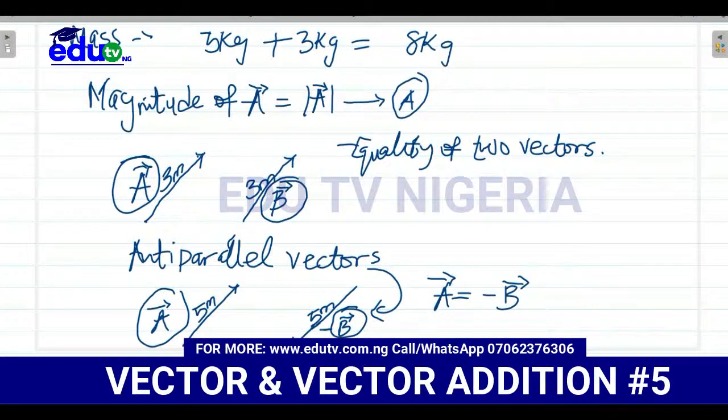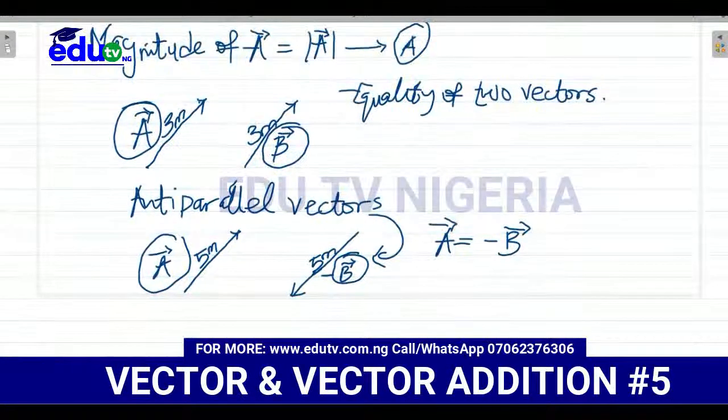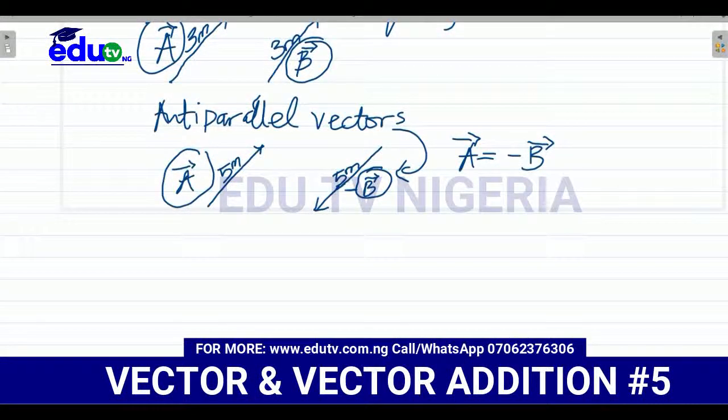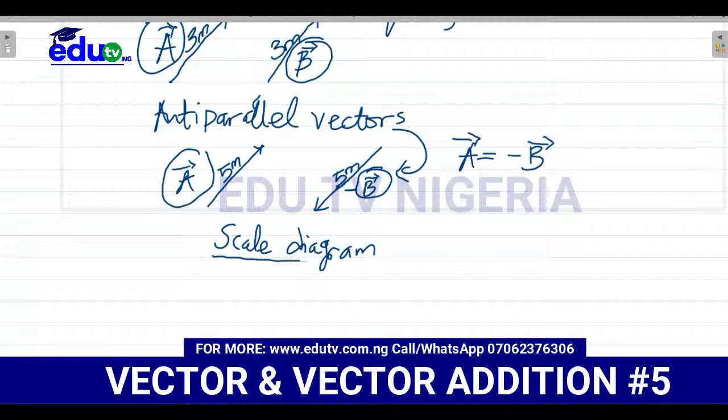And last week we also added this too. Under vector addition, we make use of a scale diagram.